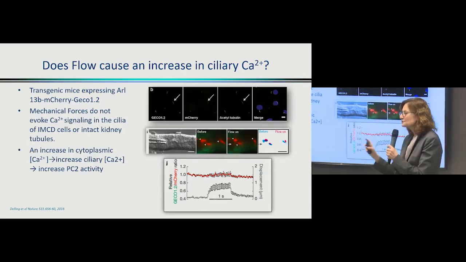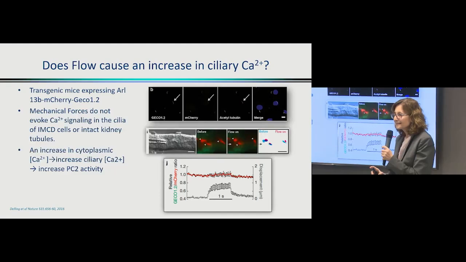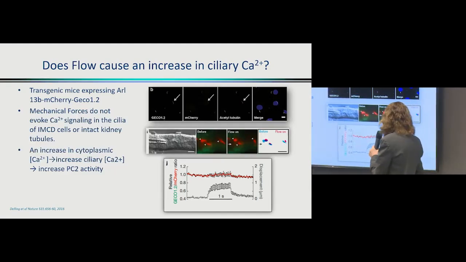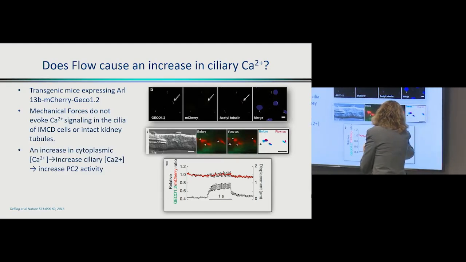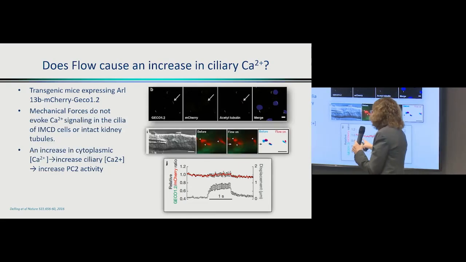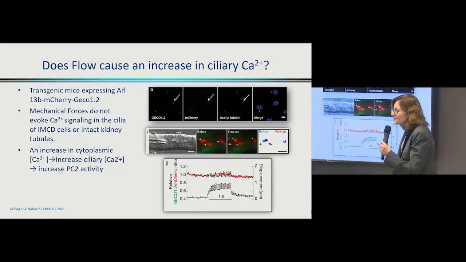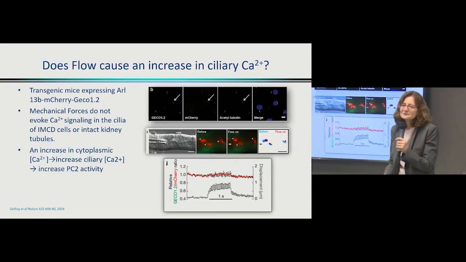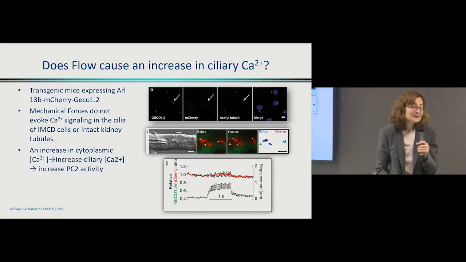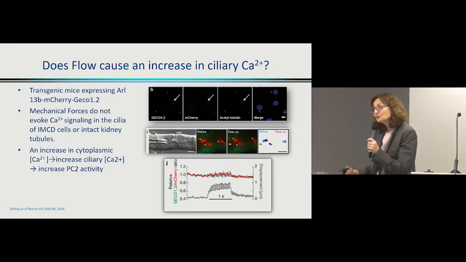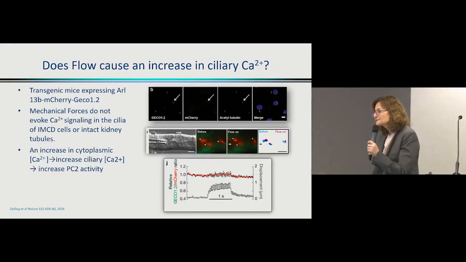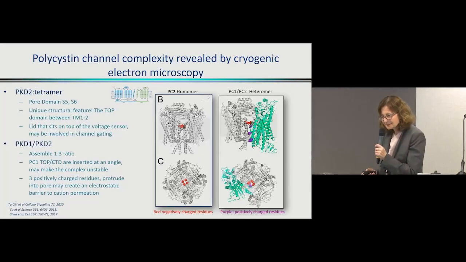And they forced flow by this and then looked at calcium influx. And you can see here that they're actually deflecting the cilium, but when you look at calcium, it isn't changing at all. So even though I think it's fair to say that maybe the polycystins in the cilium do control calcium influx, whether this is flow related or not is not quite as clear.